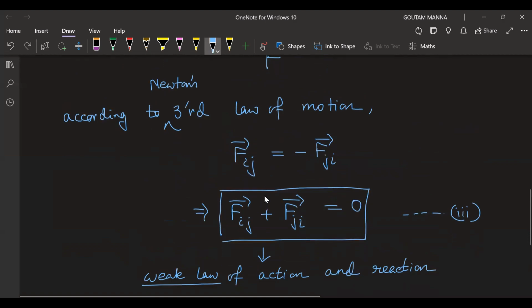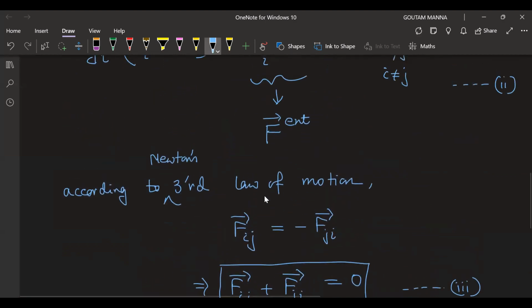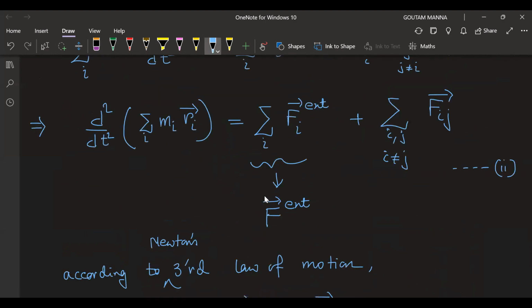So if we apply this, let's look at the second term again. There will be a sum over all ij. If there are terms like 1, 2, there will be terms like 2, 1 added to that. There will be an ijth term and a jith term added to that.